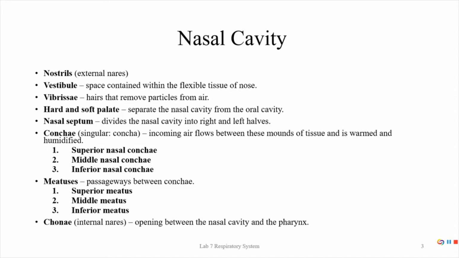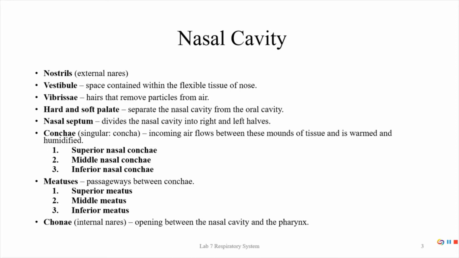Now, the conchae, a singular concha, are mounds where, when air flows over them, it gets a little bit of a swirl to it. One of the names we also call them is turbinates, because they create turbulence as air flows around and on top of and between the mounds.